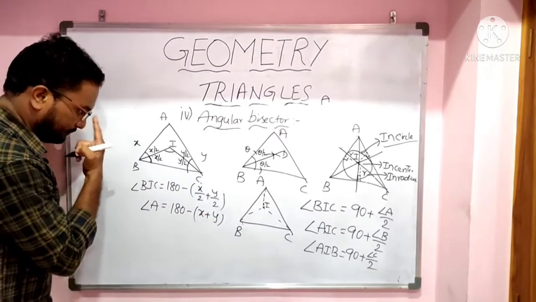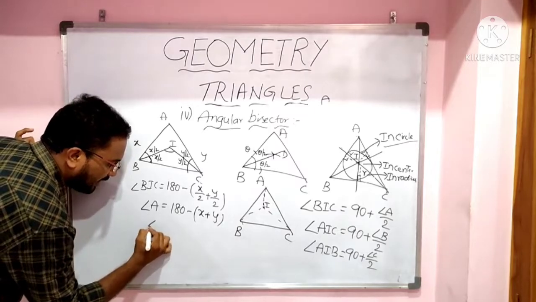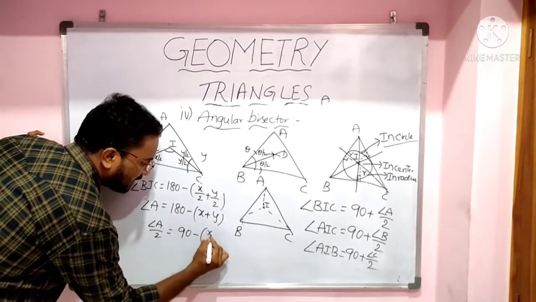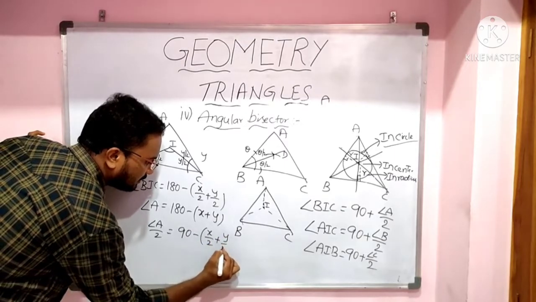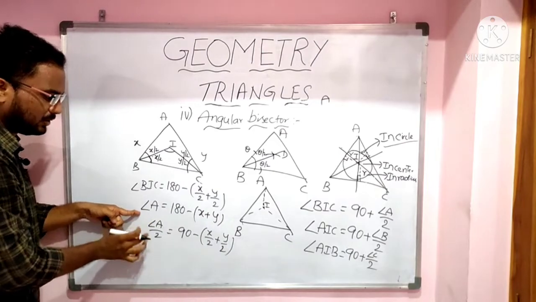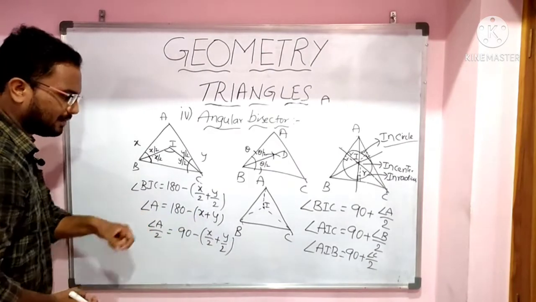If we divide this by 2, angle A by 2 equals 90 minus (x by 2 plus y by 2).